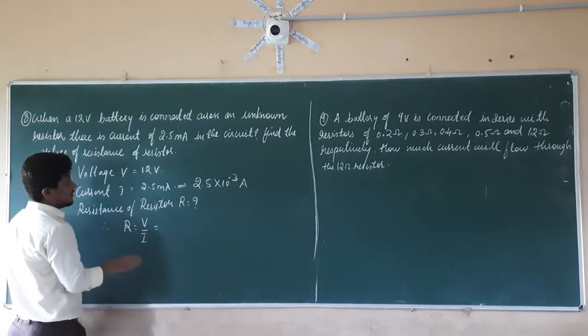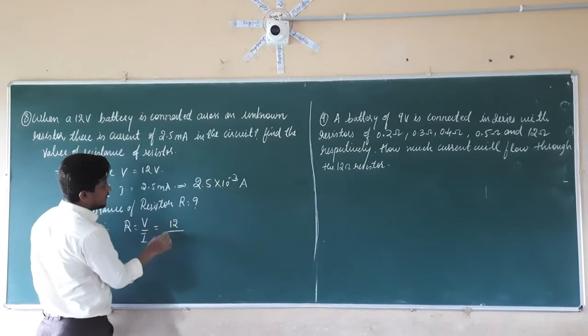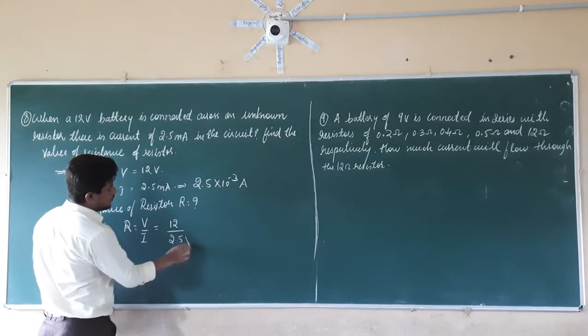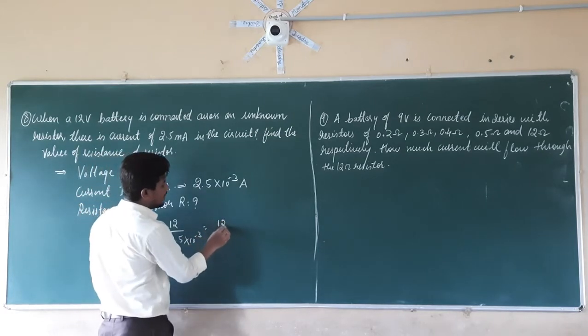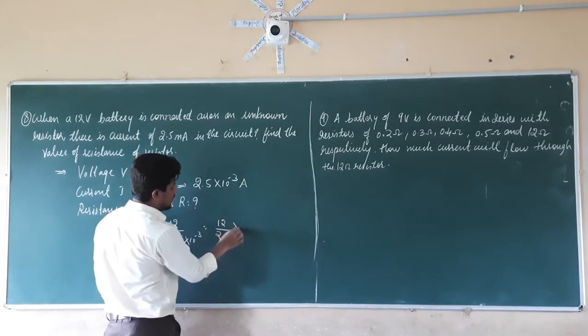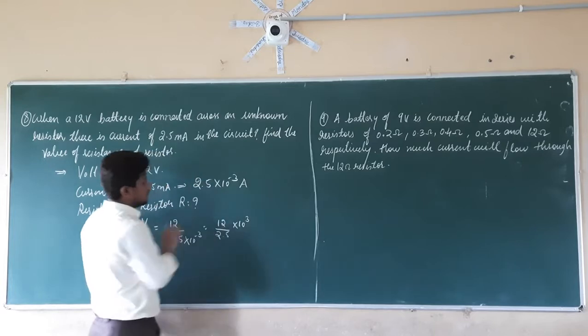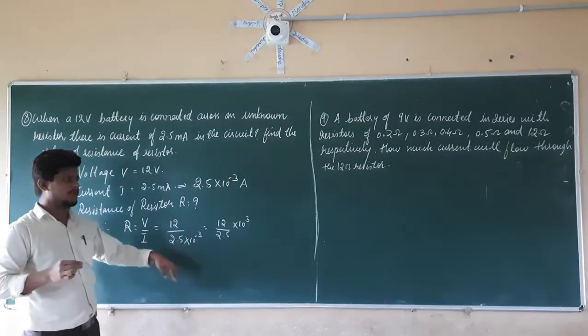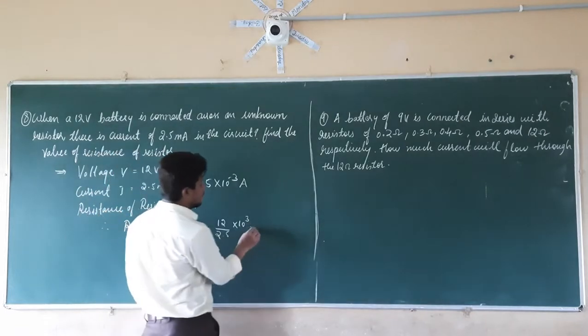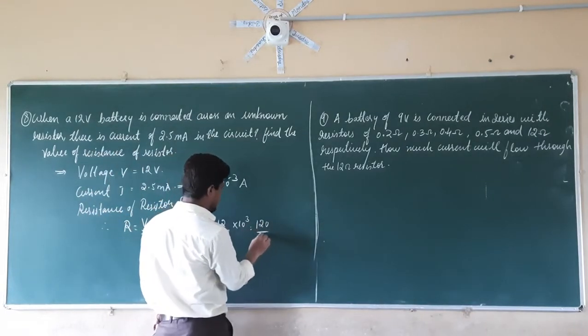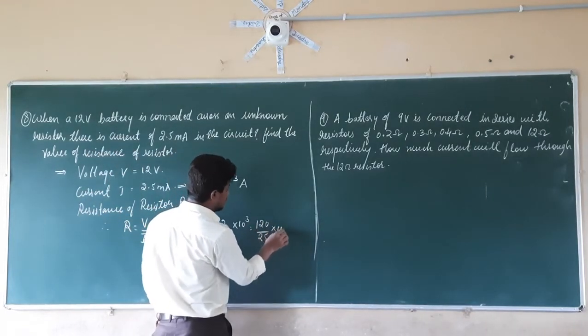So that is equal to, what is the value of V? That is nothing but 12 divided by 2.5 into 10 raised to minus 3. Which can be written as 12 divided by 2.5 into 10 raised to plus 3. Right. So if 10 raised to minus 3 goes to the numerator, it will become plus. So that can be written as 120 divided by 25 into 10 raised to 3.